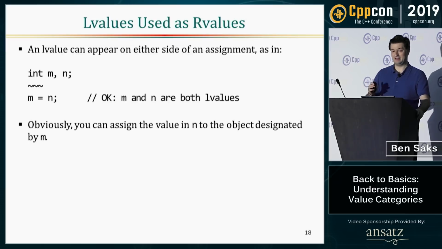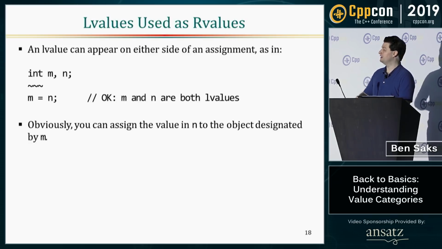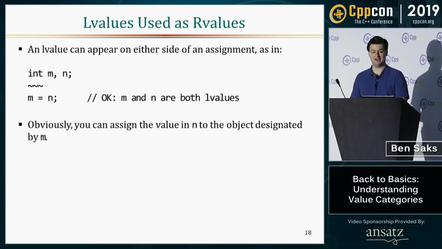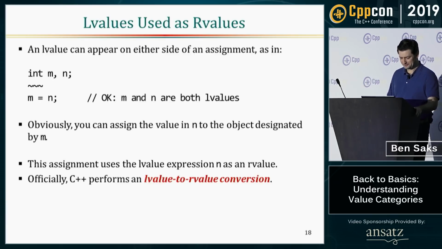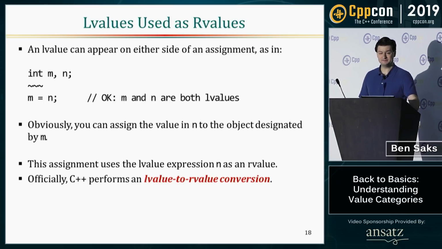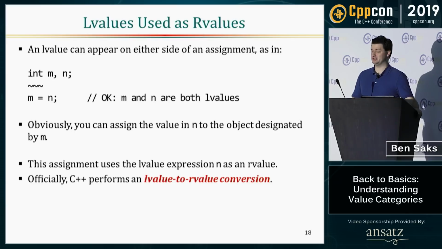So lvalues can appear on either side of an assignment statement. As we know, the thing on the right doesn't have to be a literal value or something like that. It can also be an object that we're assigning from. And in this case, we're using the value n as an rvalue. We're assigning from it.